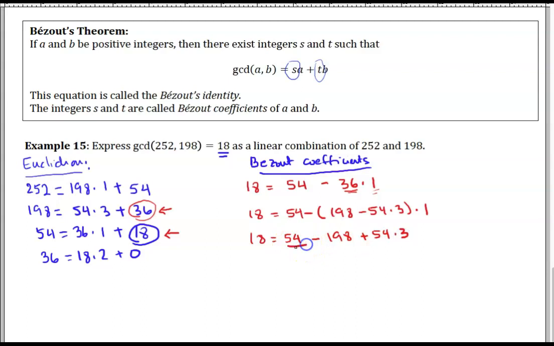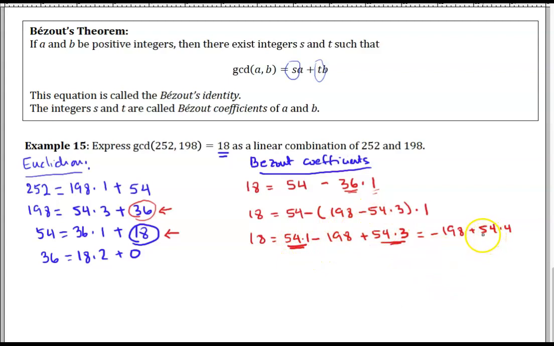Okay, so these are like terms. I have 54 times 1 and 54 times 3. So I have then negative 198 plus 54 times 4. Okay, so please don't multiply things because we're going to basically get rid of the pattern. We want to collect like terms of the same integers.